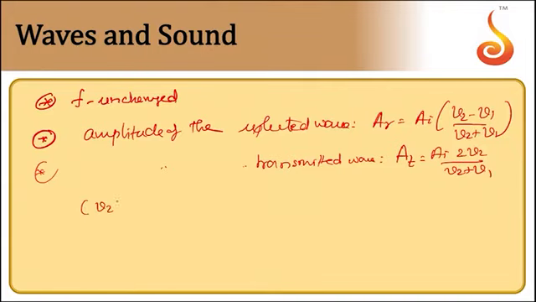Remember, if V2 is greater than V1, that means if medium 2 is rarer, then AR, that is the amplitude of the reflected wave, is greater than 0. That means there is no phase change.